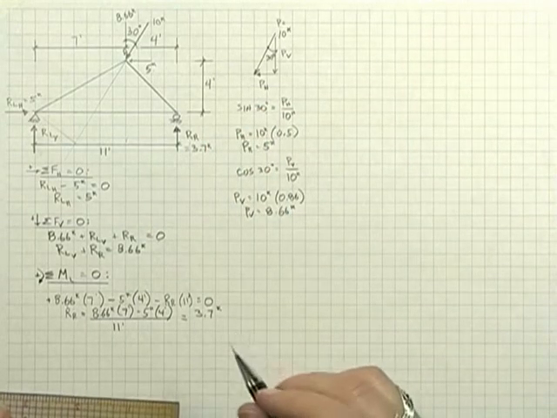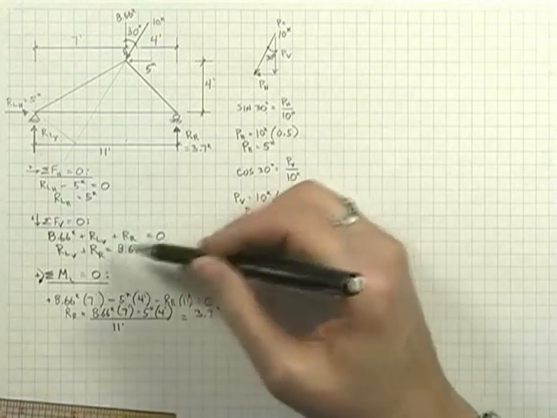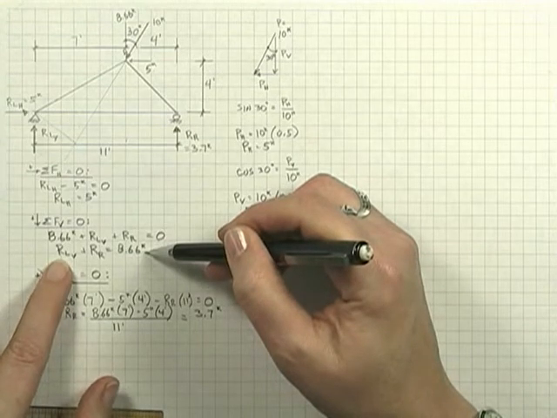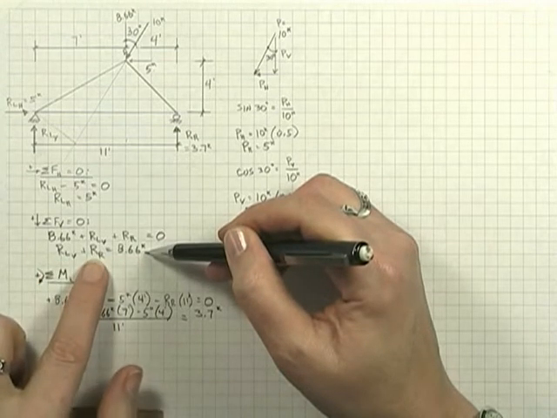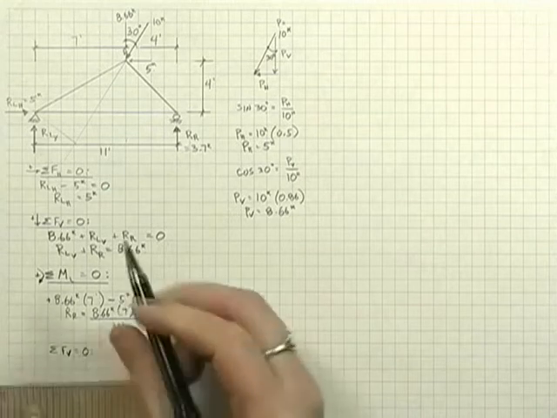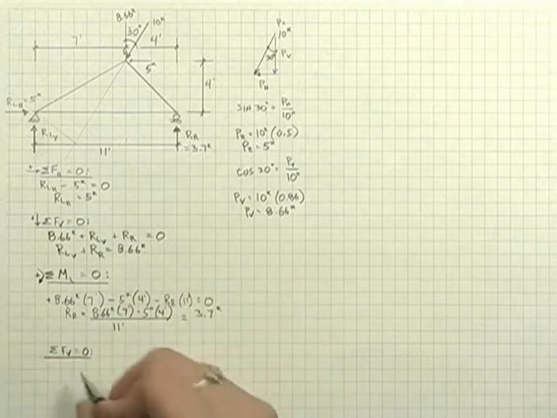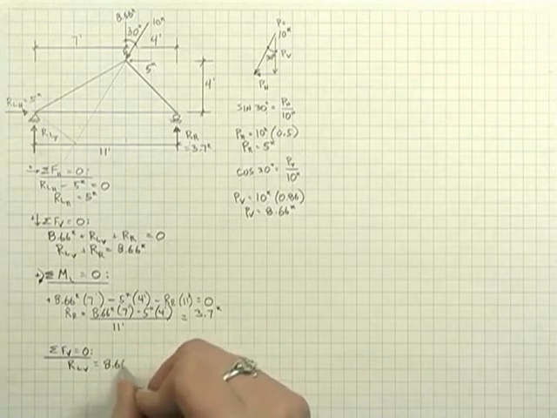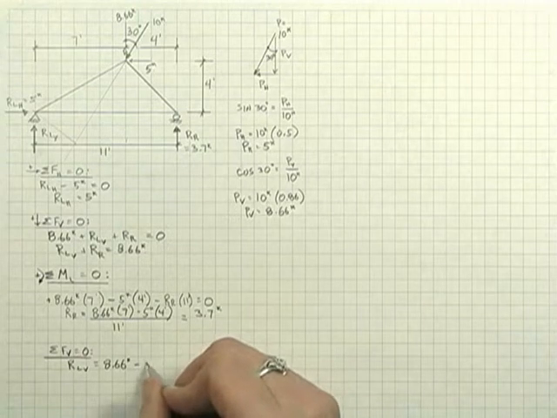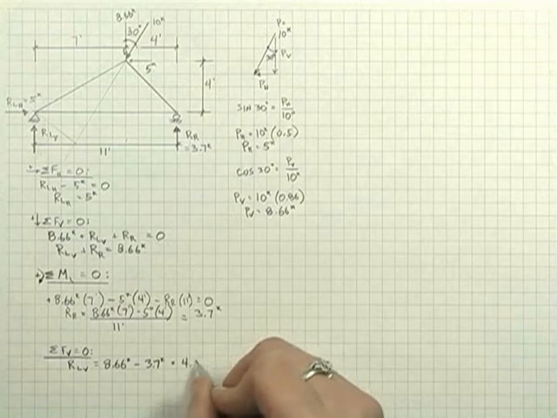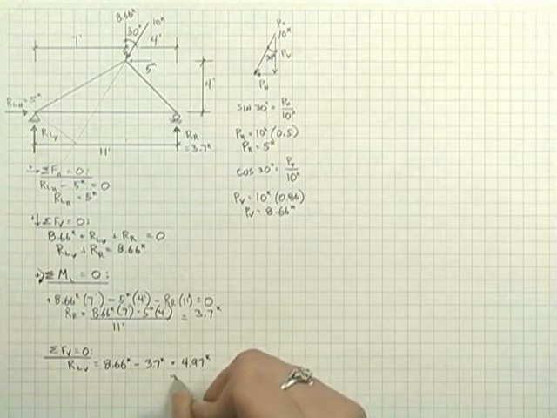R left is simply the difference between the vertical forces using this equation. R left is 8.66 minus R right. Go back to sum of the forces vertical equal to 0. 8.66 kips minus 3.7 kips equals 4.97 kips.